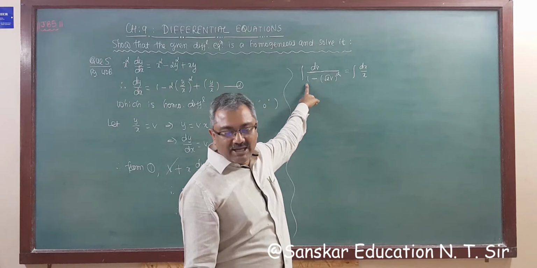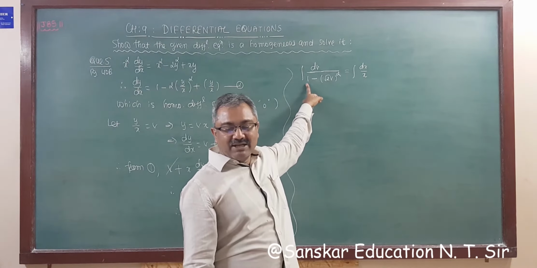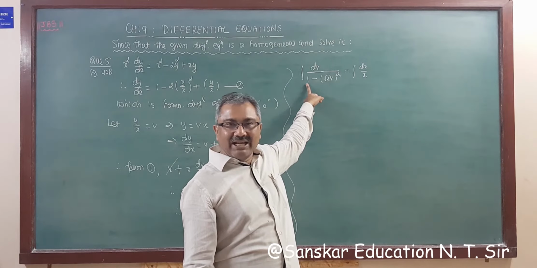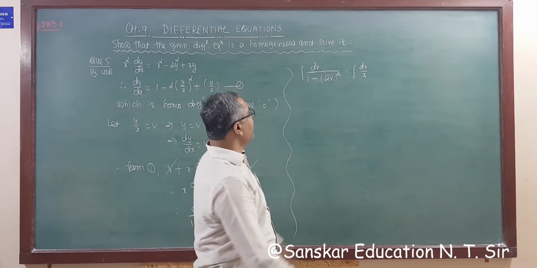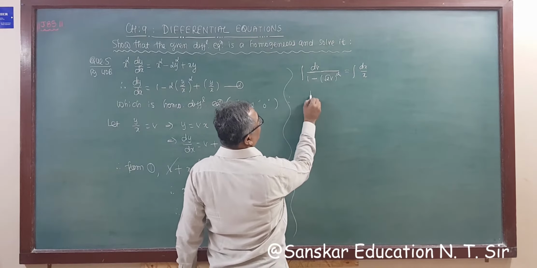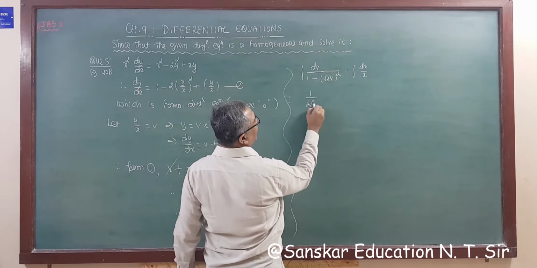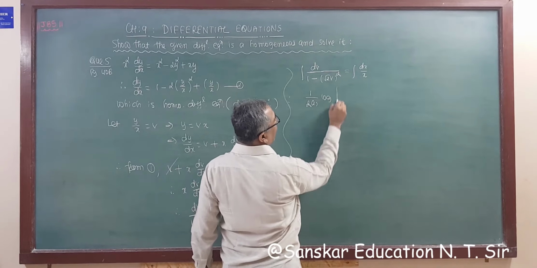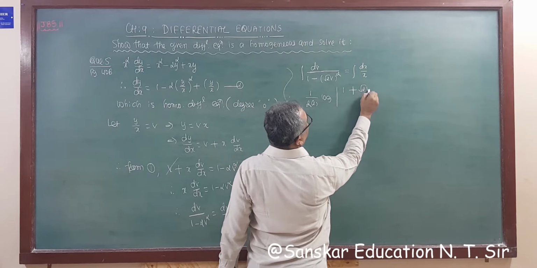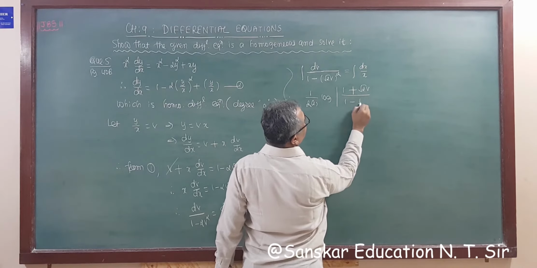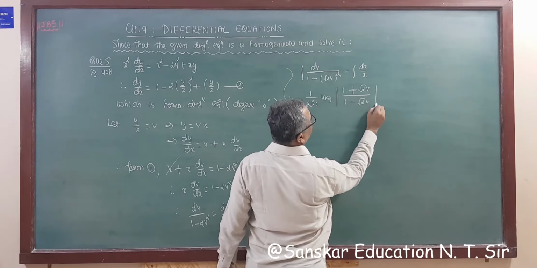1 upon under root a square minus x square, answer is 1 upon twice a log mod a plus x upon a minus x. So answer is 1 upon twice a, which is 1, log mod 1 plus root 2v upon 1 minus root 2v.